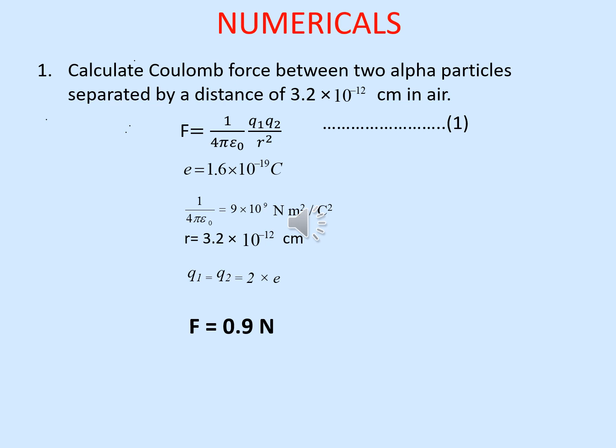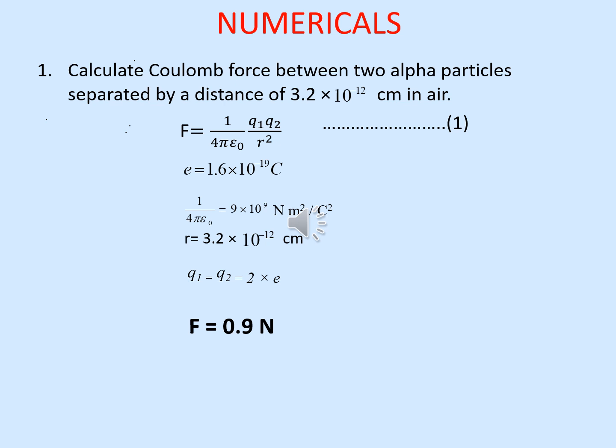Since one alpha particle contains 2 protons, the charge on one alpha particle is 2 times the charge on one electron. That is, q1 and q2 both are equal to 2 times the charge of an electron.